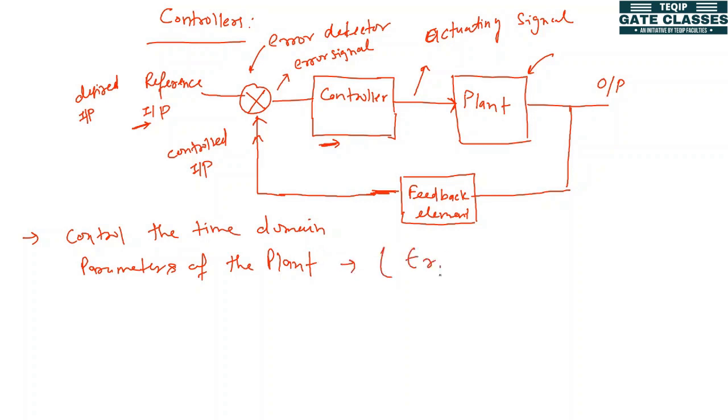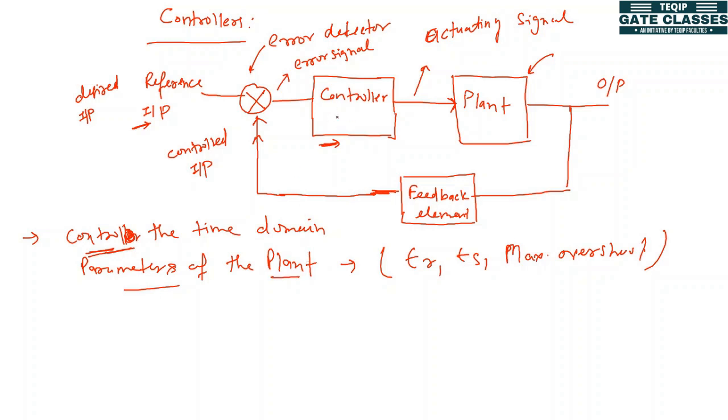Like rise time, settling time, peak time, and maximum overshoot. These parameters can be controlled by use of controllers, so we control the time domain parameters of the plant.